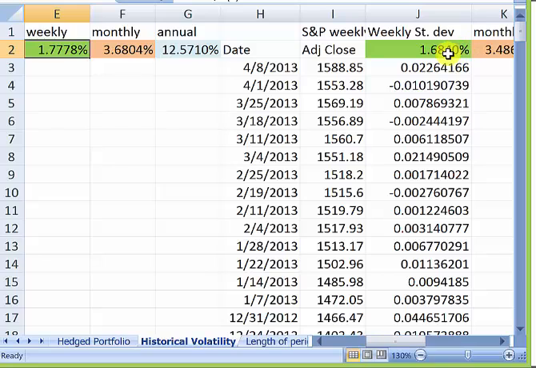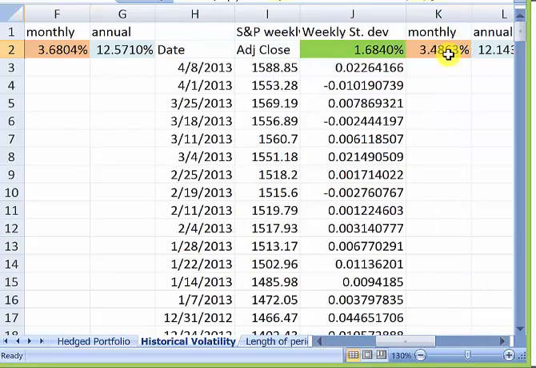It's basically a 10 basis point difference. Then the monthly standard deviation based on weekly returns is 3.48%, while the daily standard deviation implied monthly standard deviation is 3.68. Again, this is quite close, a 20 basis point difference for monthly.